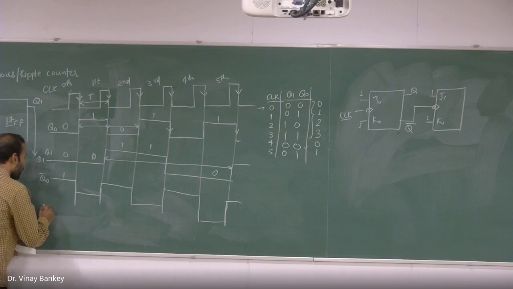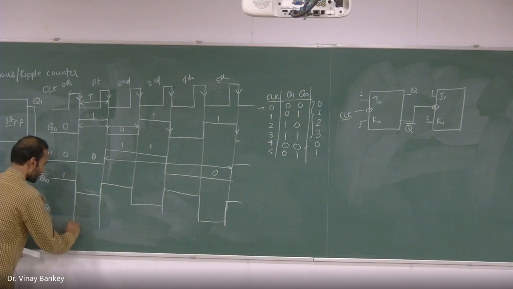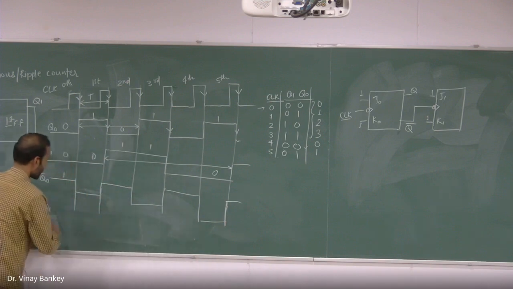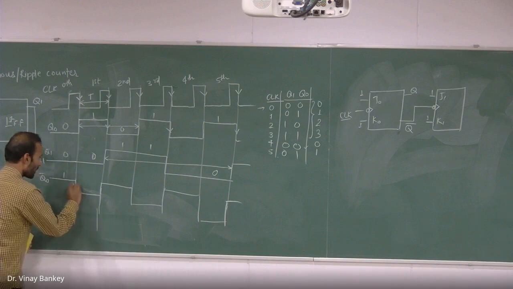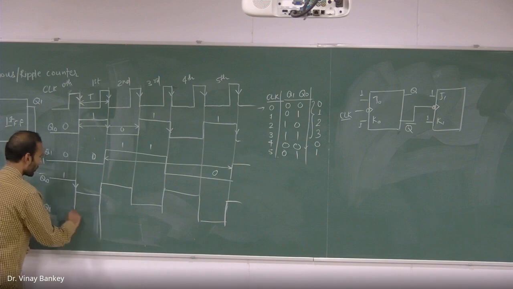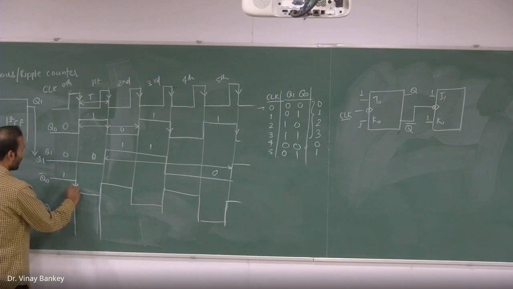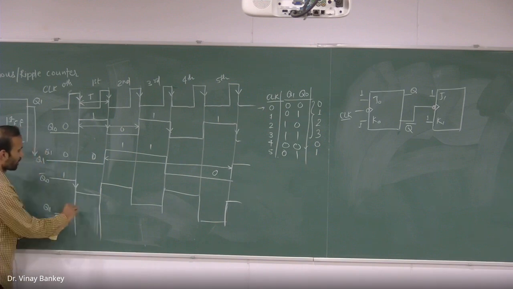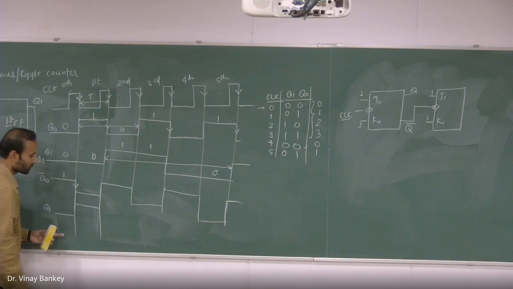So now we want to analyze Q1. What will be Q1? See this, whenever there is a negative edge in the Q0 bar, it will change the output. So previously if it was 0, now it will become 1.